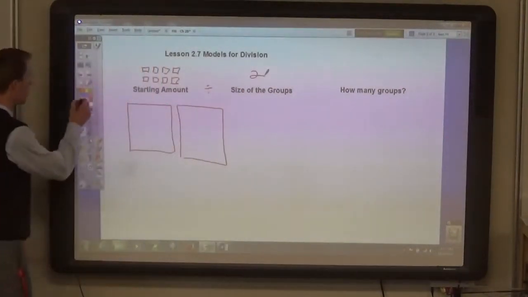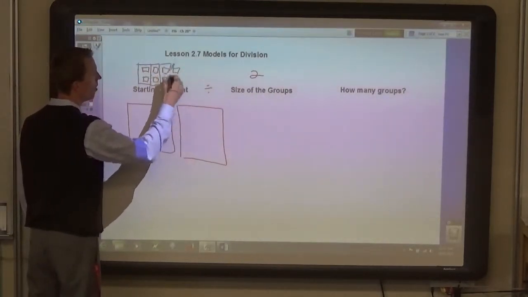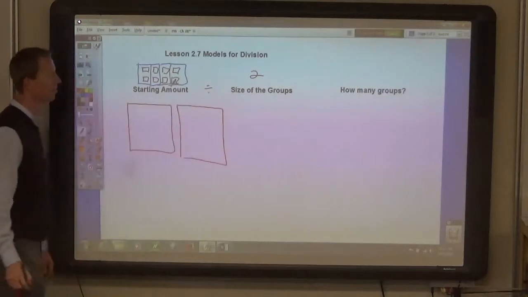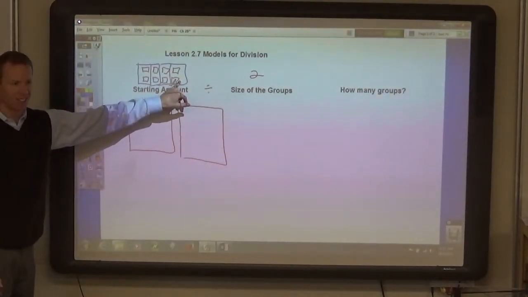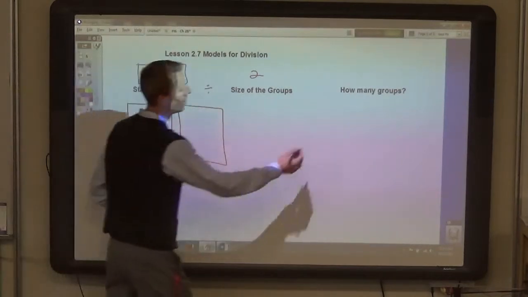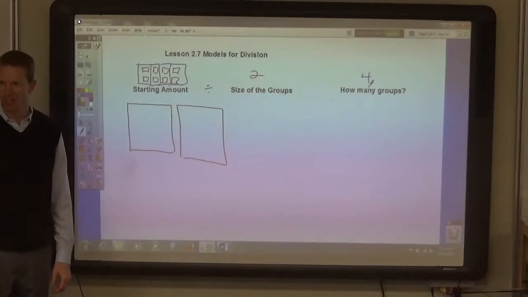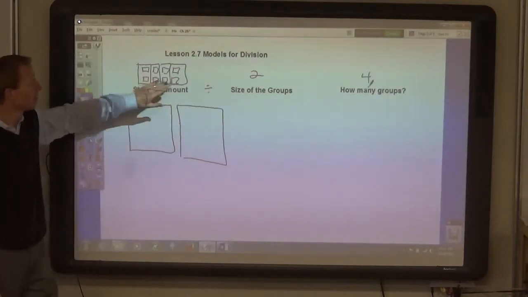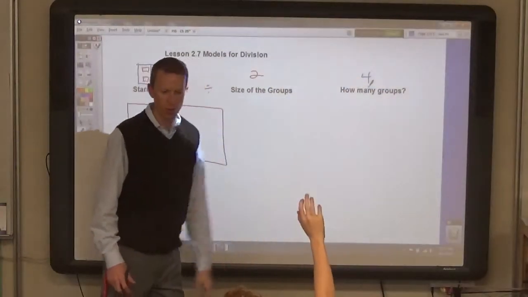That means you would take and group these into groups of 2. And how many groups do you end up with? 4. 4, right. That's a model for division. All right? Starting with 8, divide it by 2, and you end up with 4 groups.